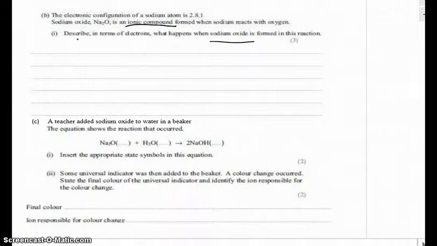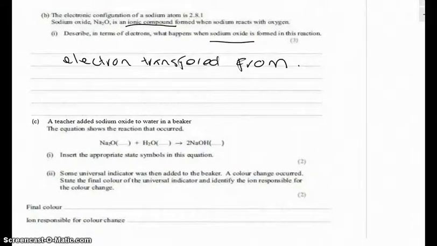Okay, so the first thing you have to talk about is the idea of an electron transfer. Electrons transferred from sodium to oxygen. Now, what is transferred to what? Because say we have 2 sodiums in this, so 1 sodium gives 1 electron to 1 oxygen, and another sodium gives 1 electron to the same oxygen. So you have to write down how many transferred to what. So the direct transfer of sodium to oxygen: sodium loses and oxygen gains.